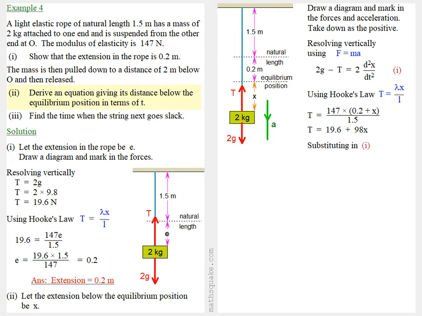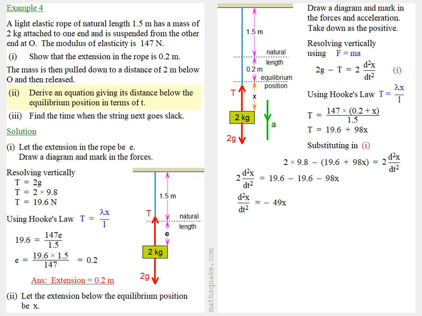Now if we substitute that value of T into equation 1, we get 2 times 9.8 minus (19.6 plus 98x) equals 2 times d2x by dt squared. In other words, 2 times d2x by dt squared is equal to 19.6 minus 19.6 minus 98x. So d2x by dt squared is equal to minus 49x.